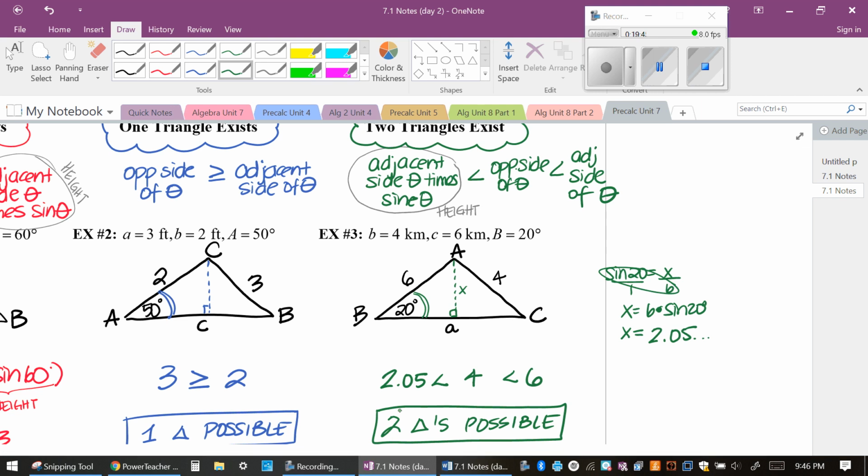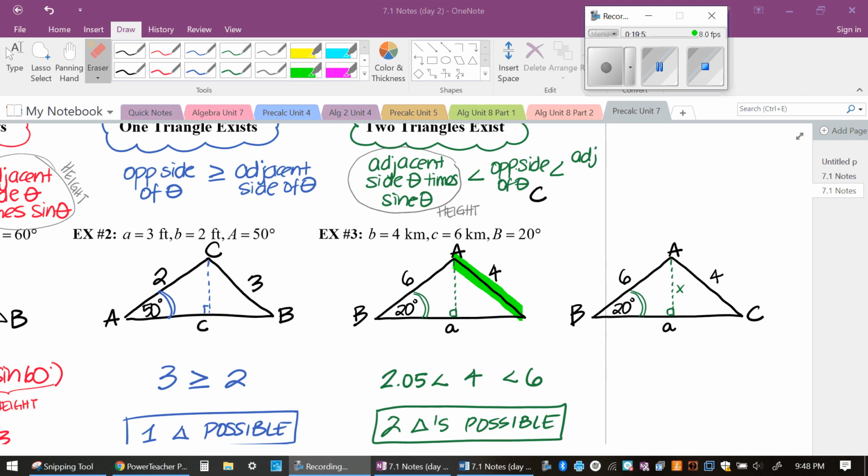If you're wondering where the 2 triangles are, the best way I can show you is to copy and paste that triangle, and you can do the same. So take a look at that length of 4.